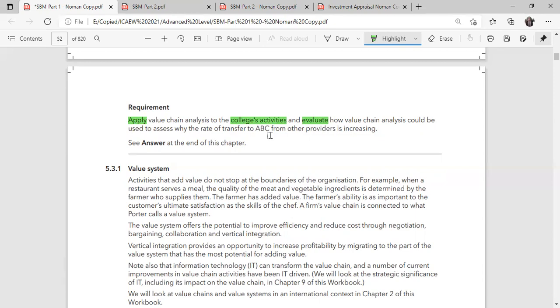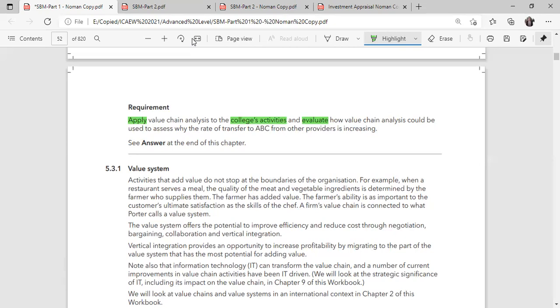Same thing for secondary or support activities: procurement, technology, human resource management, and infrastructure. That will be my first point.